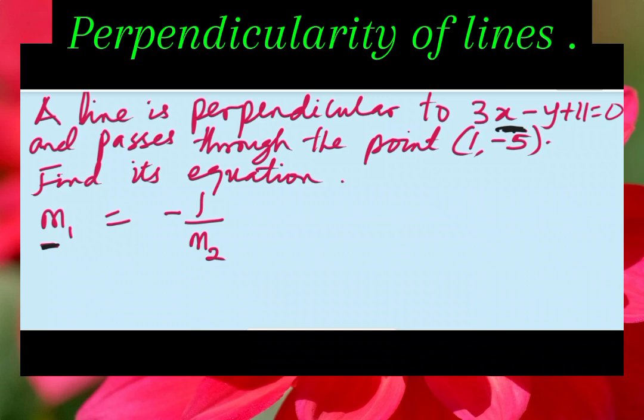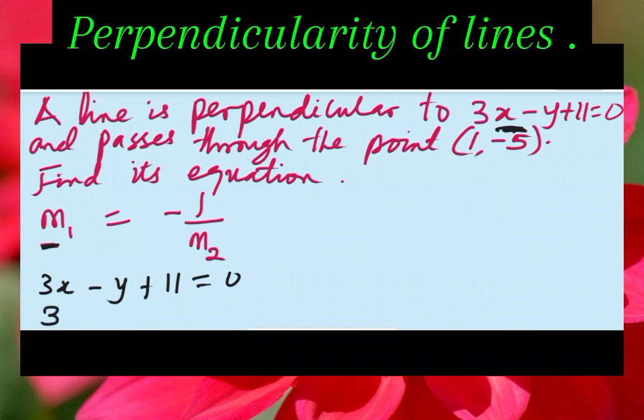Now, what do we do? We first and foremost find the gradient of the given line. We have 3x minus y plus 11 is equal to 0. Before we can find the gradient of this line, we make y the subject of the formula.